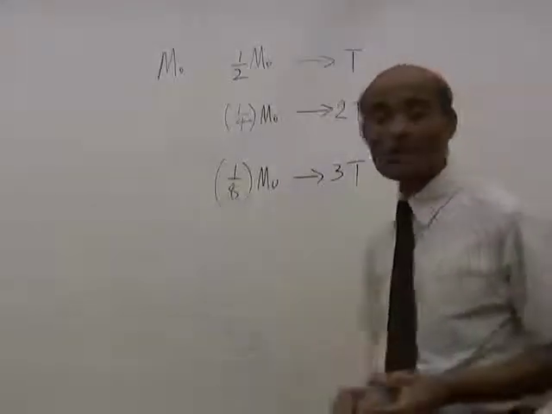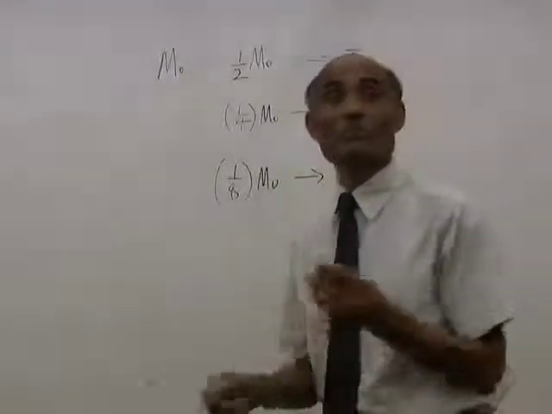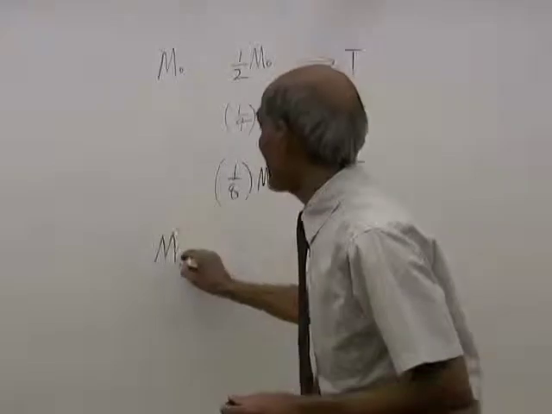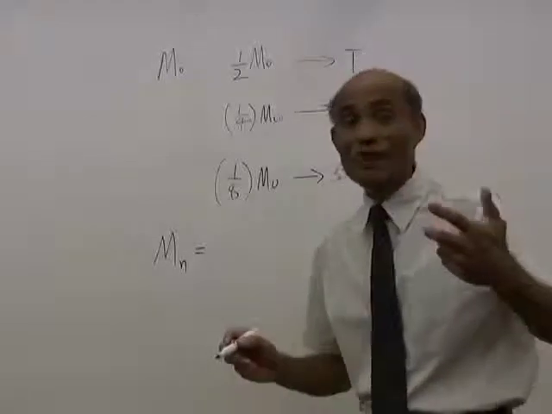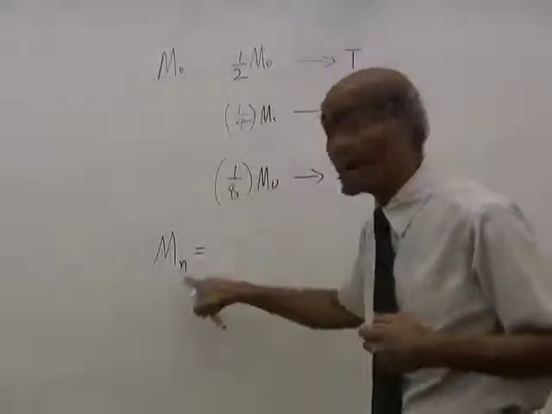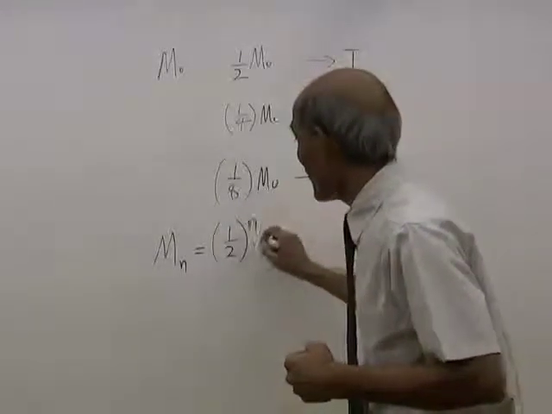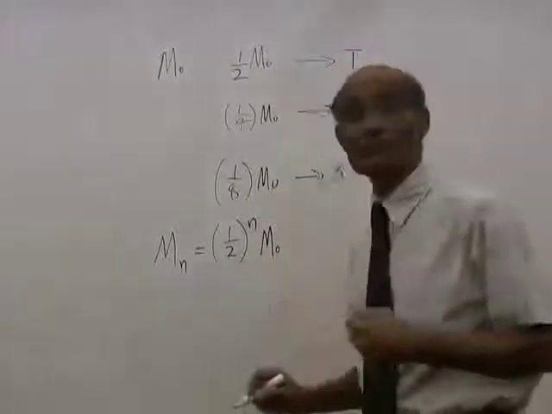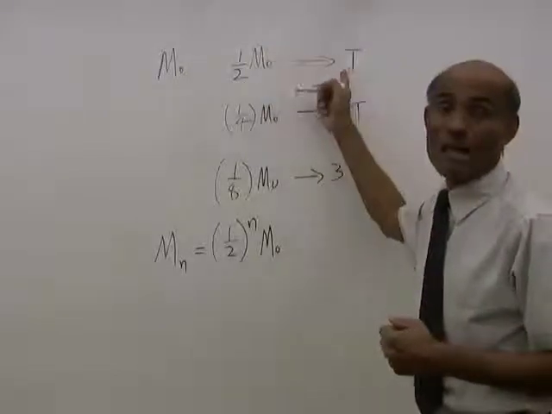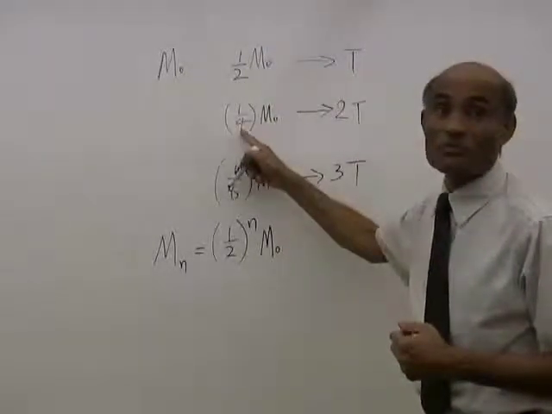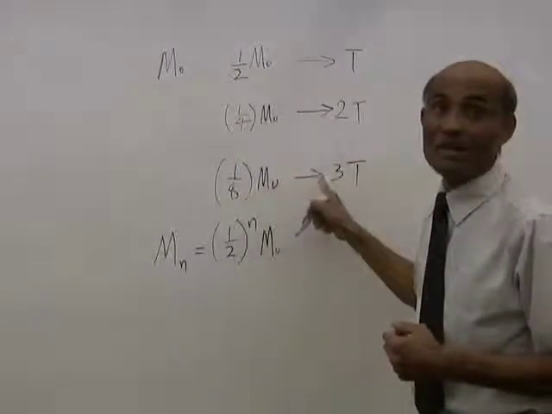Now, can we write a general expression for this? After n half-lives, how much of the original material is left? In other words, I can say mn, that is the mass of original radioactive material left after n half-lives, equal to 1/2 to the power of n times m0. Is that right? If you look here, this is 1/2 to the power of 1 after 1 half-life. This is 1/2 to the power of 2 after 2 half-lives. This is 1/2 to the power of 3 after 3 half-lives.